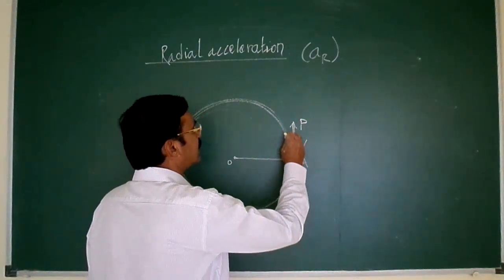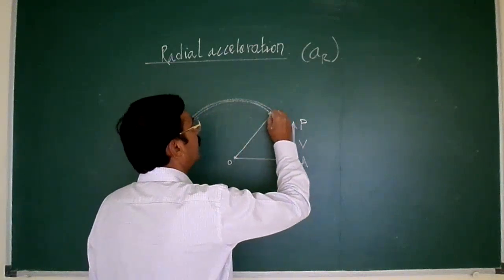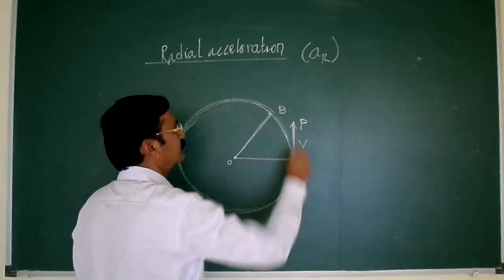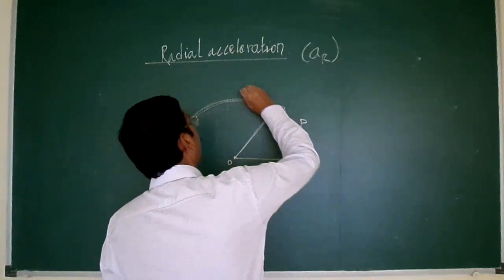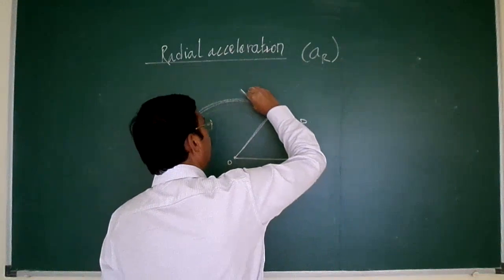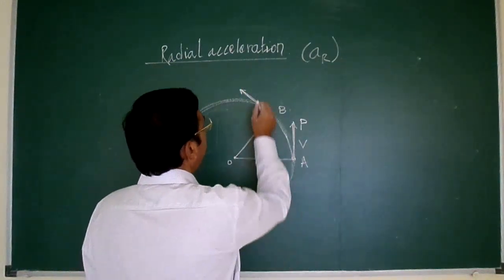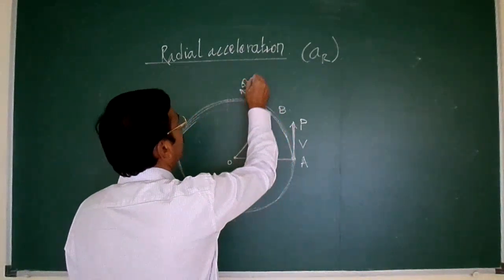As the particle starts moving, after some time it acquires the position B. At that time, the linear velocity, which is tangential, will be represented by vector BQ.